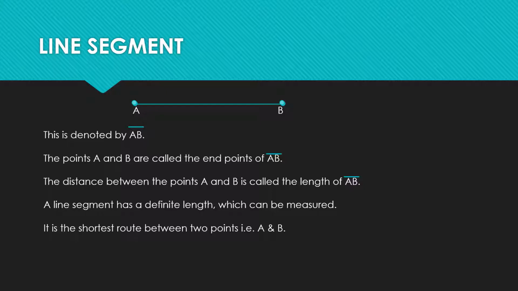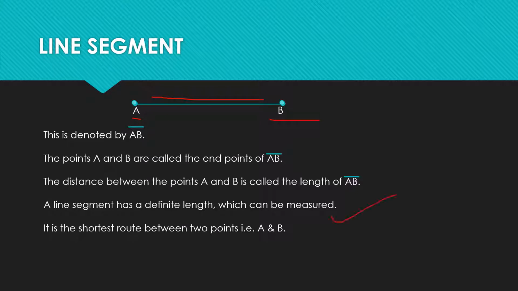The points A and B are called the end points of AB, and the distance between point A and point B is called the length of AB. A line segment has a definite length which can be measured.